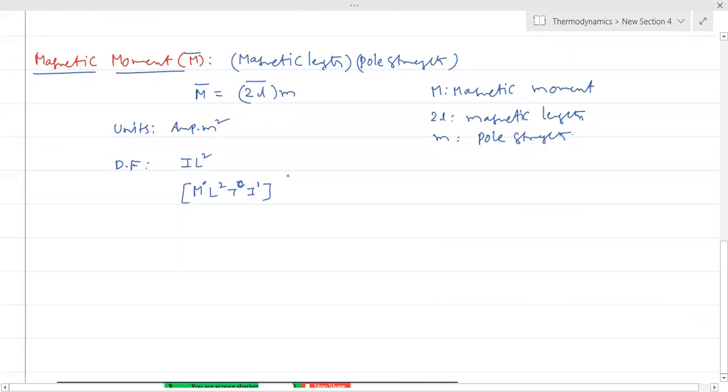The most important part is its direction.